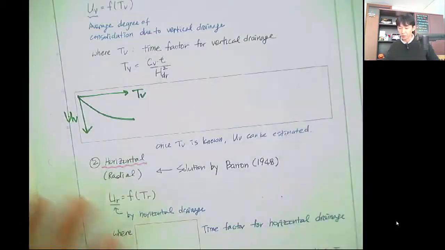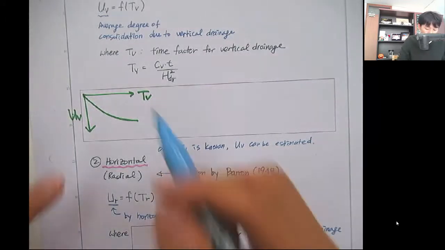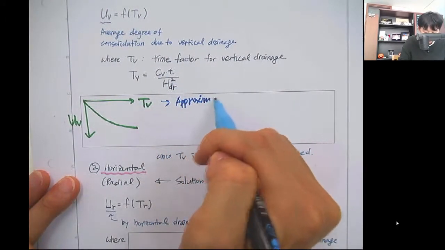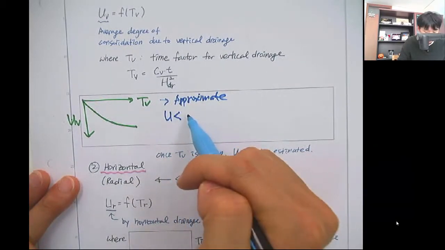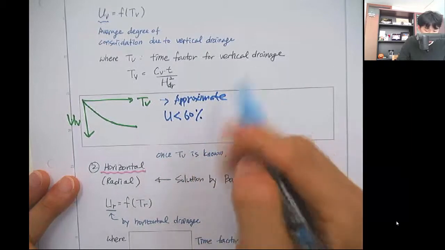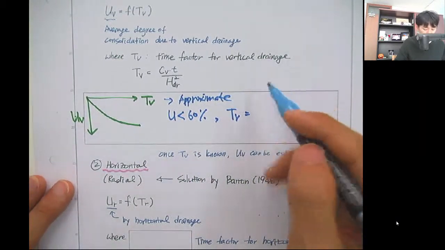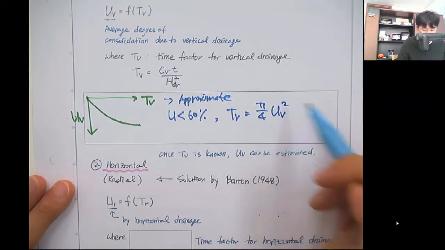So I hope you remember this equation as you approximate this curve. For UAVG less than 60%, time factor for the vertical drainage is pi over 4 UV squared.